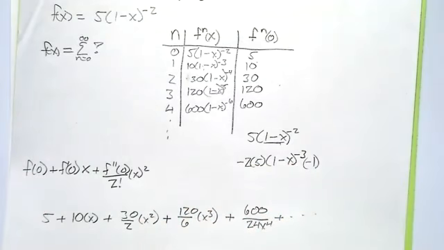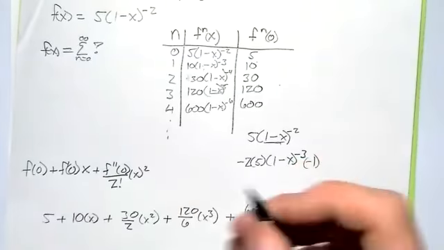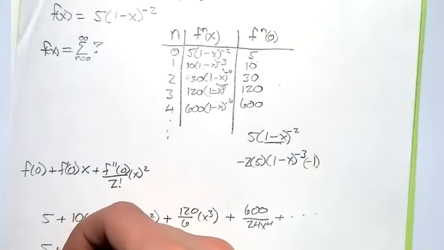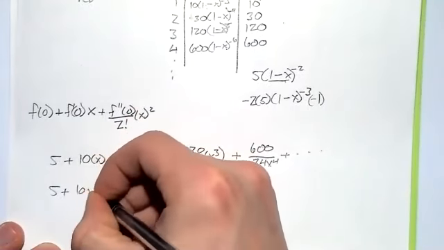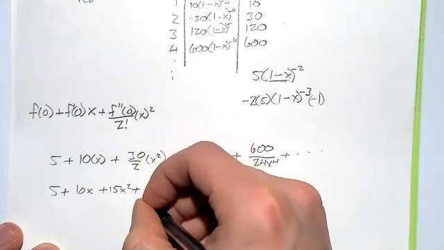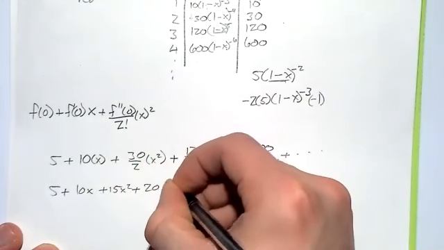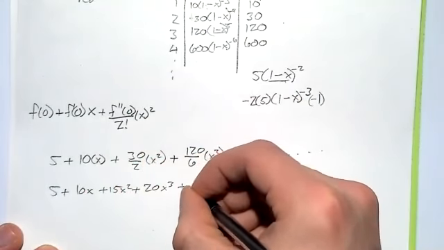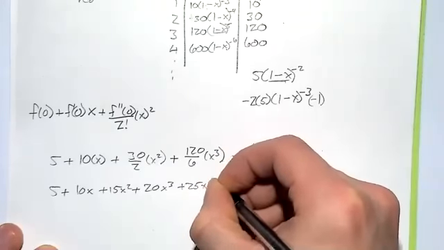Let's simplify this down really quick so we can see what's going on. 5 plus 10x plus 15x squared plus 20x cubed plus 25x to the fourth and so forth.